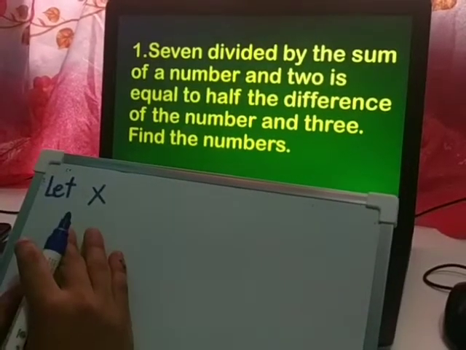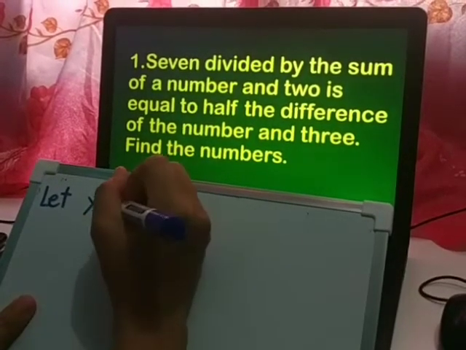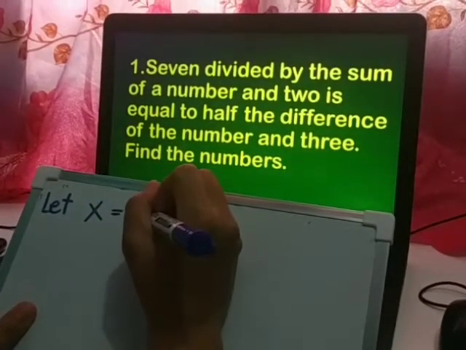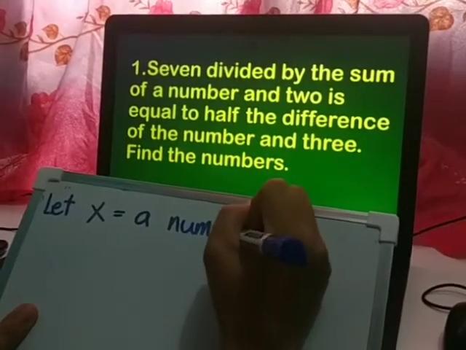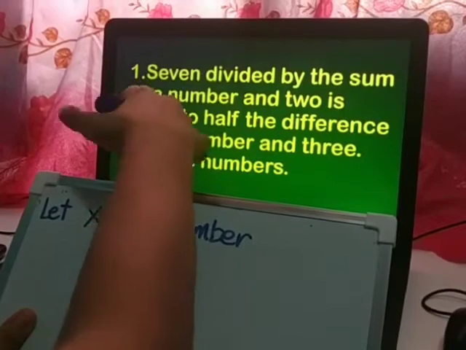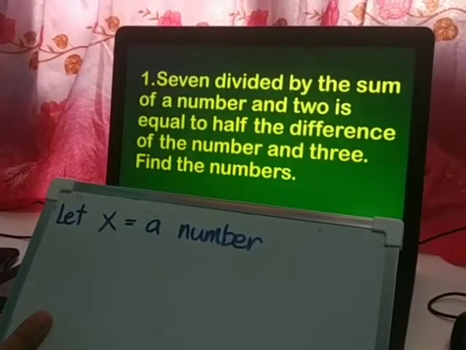So let us represent x. Let x be the number, a missing number, a number. It is mentioned here that a number, and so let x be that number.